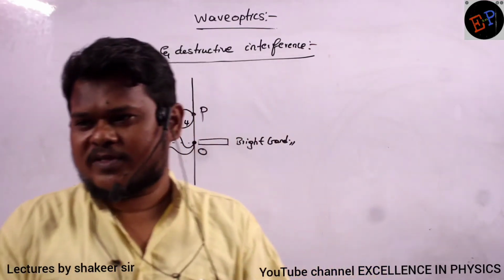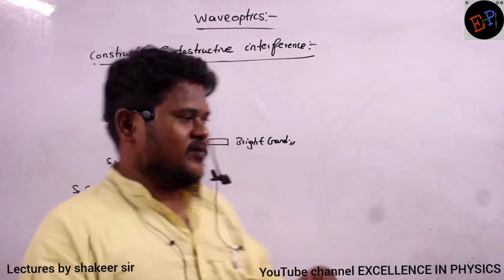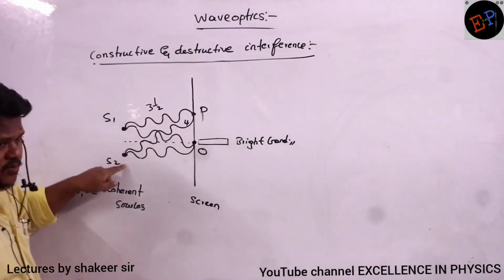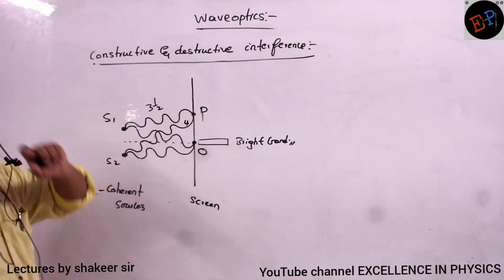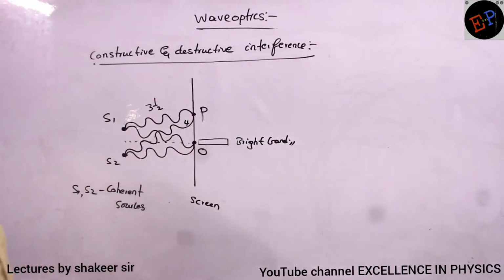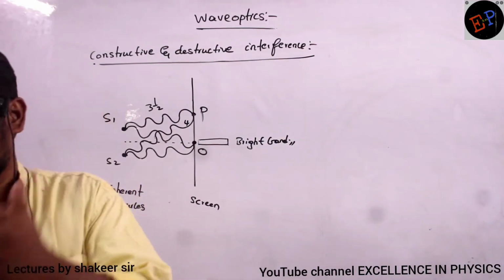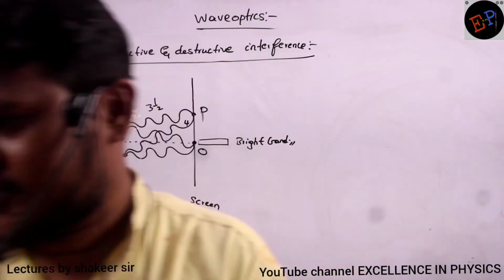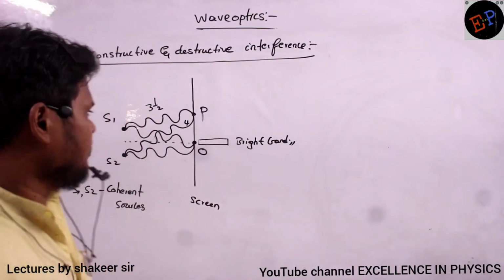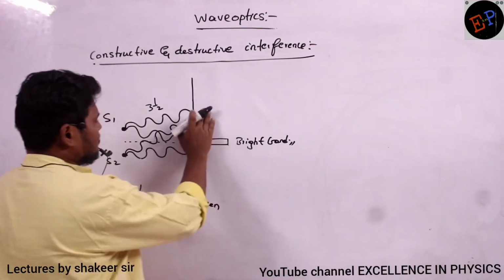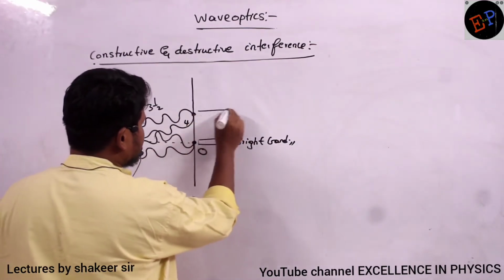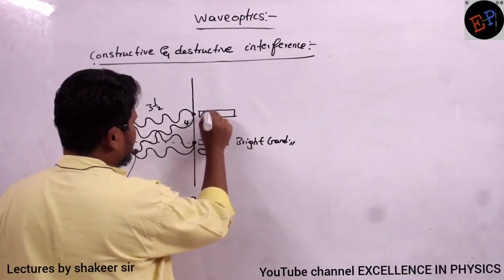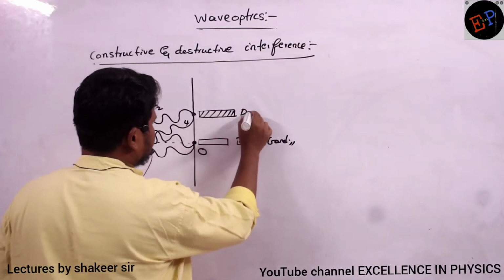Half wave means how much phase difference? 180 degrees. So between this source and this source, at this point, there will be a phase difference of 180 degrees. And when waves interfere at 180, what kind of interference? Destructive interference. Clear? So therefore here, the band which is formed is a dark band. A dark band will be formed.